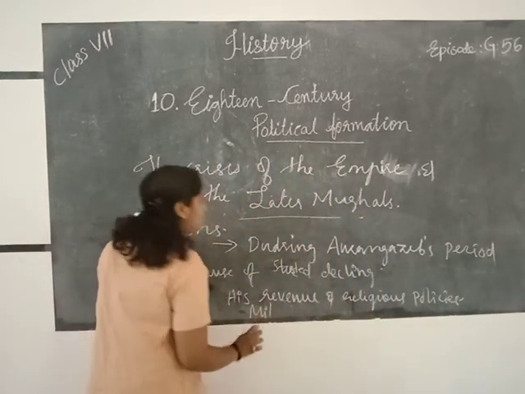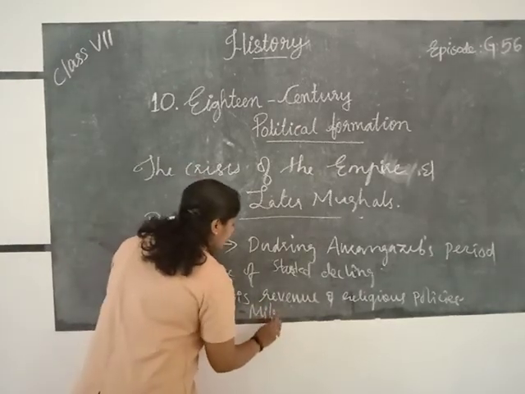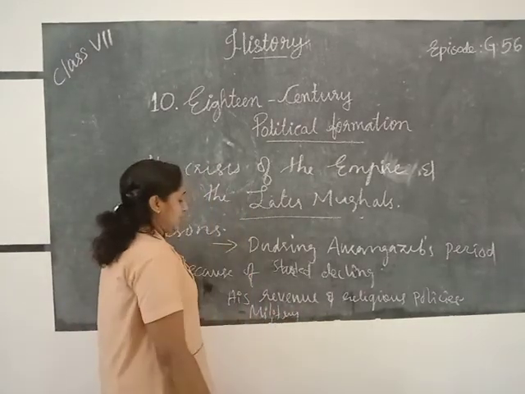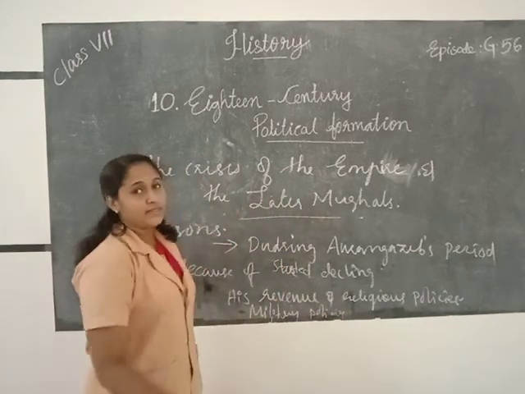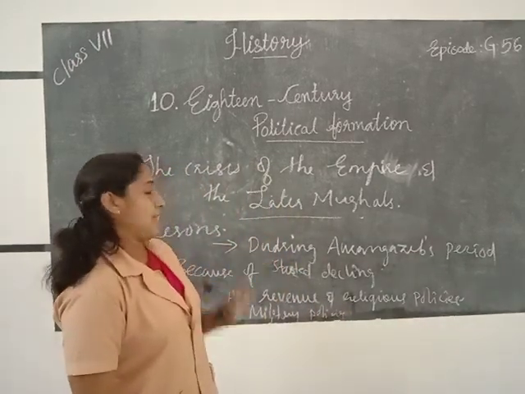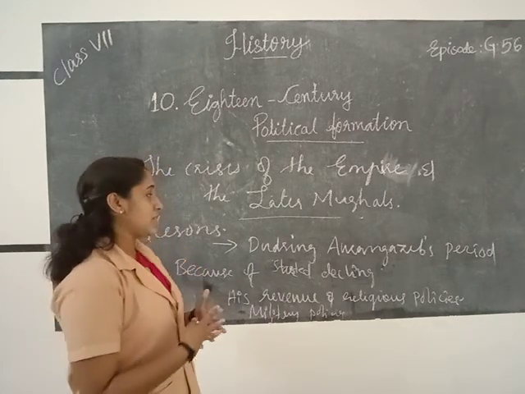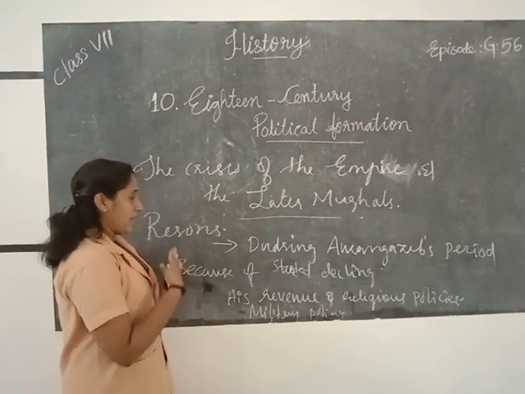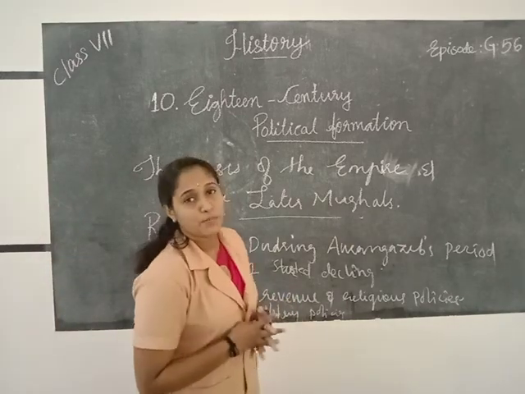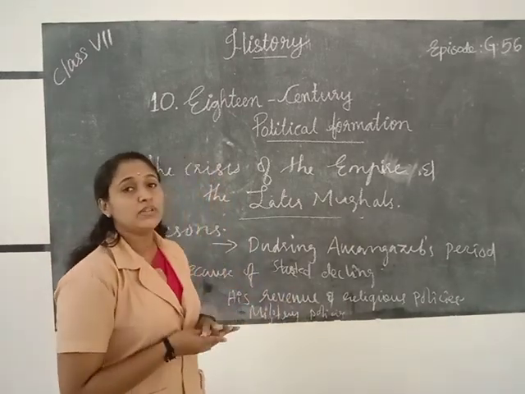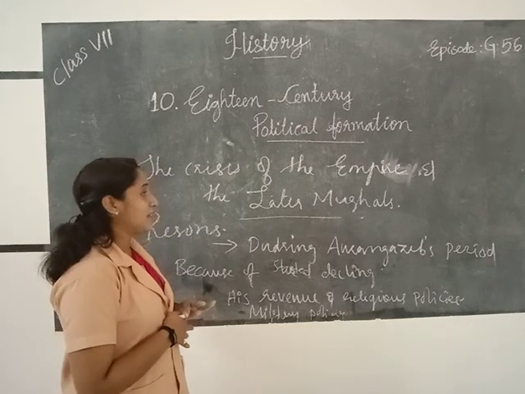He created a new military system. Military policies also created the falling down of the Mughal empire. So what was the reason? Aurangzeb's revenue, religious and military policies are the main reason for the declining of what?